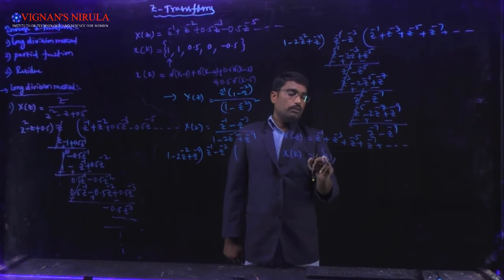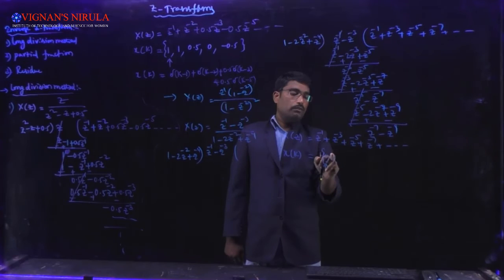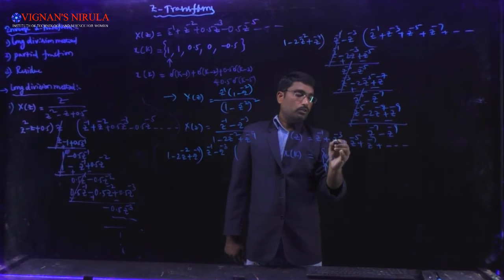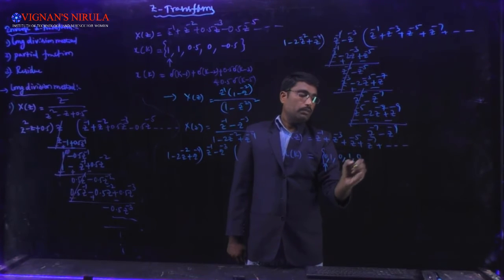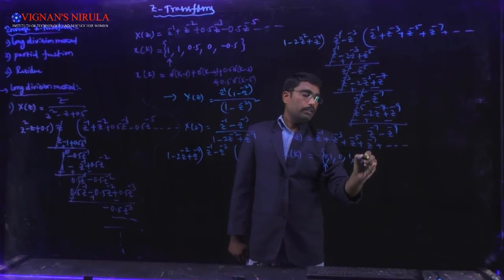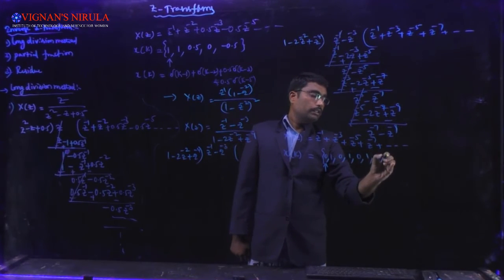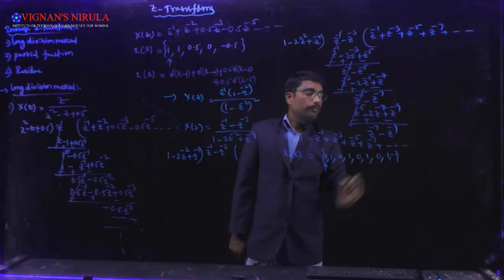First of all, x of 0 becomes 0, this is the zeroth sample, and x of 1 is 1, and there is no x of 2 sample, and x of 3 is 1, and there is no x of 4 sample, and x of 5 sample, x of 5 into z power minus 5, there is no x of 6 sample, and x of 7 sample is 1, and so on.